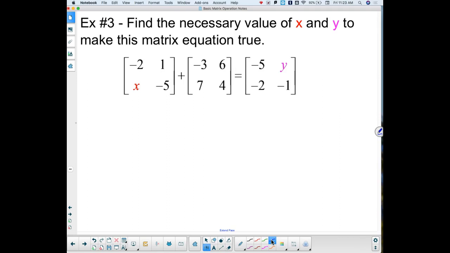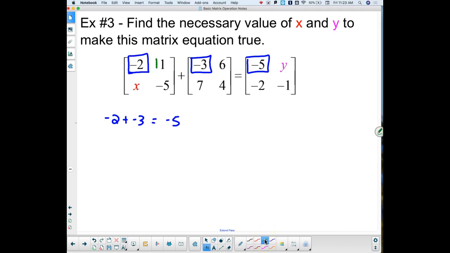What I mean by that is -2 plus -3 has to equal -5. So this one plus this one has to equal that one. And -2 plus -3 is -5. Okay, so that's good so far.